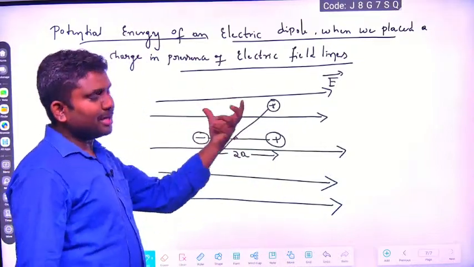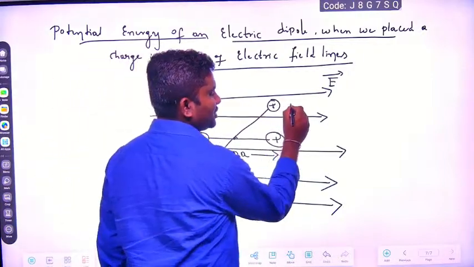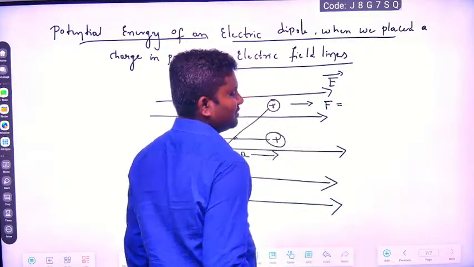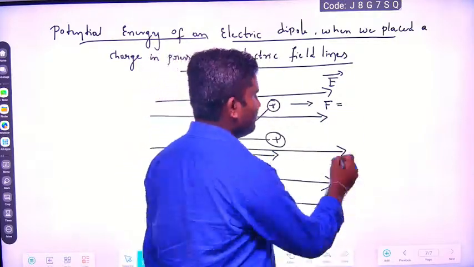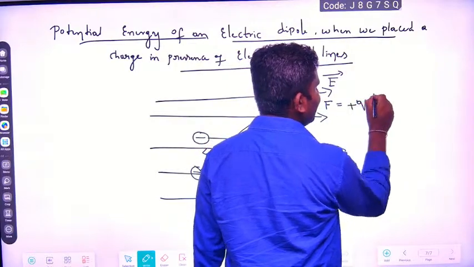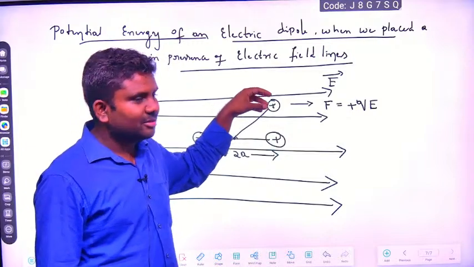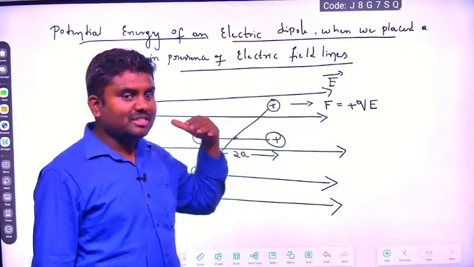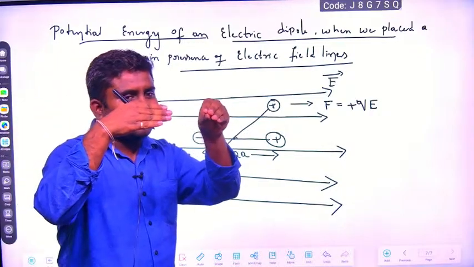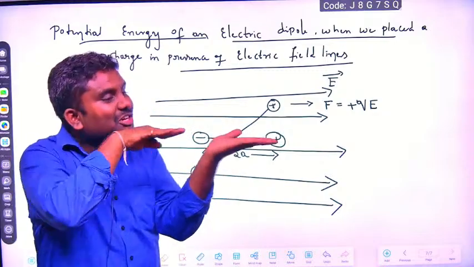Now what will happen to the forces on the charges? What is the force acting on the positive charge? F is equal to, what is the force on a charge? F is equal to Q into E due to the electric field, no? Plus QE. So the electric field lines will act on a charge and produce some force on it. Whenever you keep a charge in the presence of an electric field, it will apply force in the direction of the field.